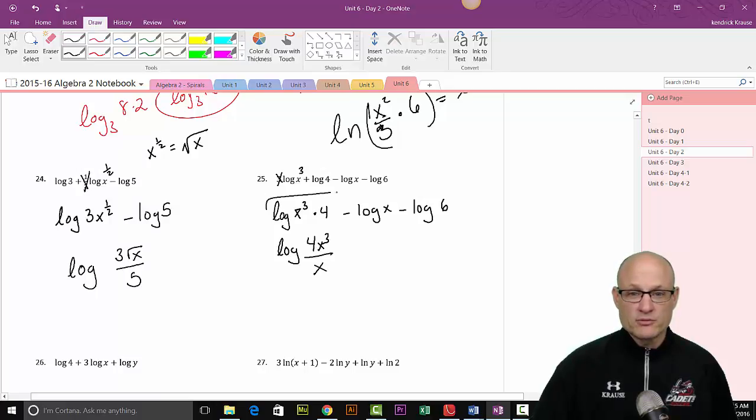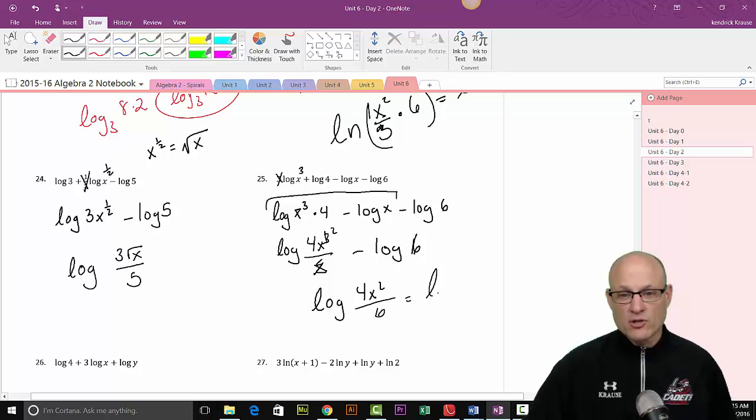Now we're going to combine these two. Minus log of 6. Well, this is really 4x squared. So now we subtraction again. So it's log of 4x squared over 6, which is my final answer: log of 2x squared over 3.